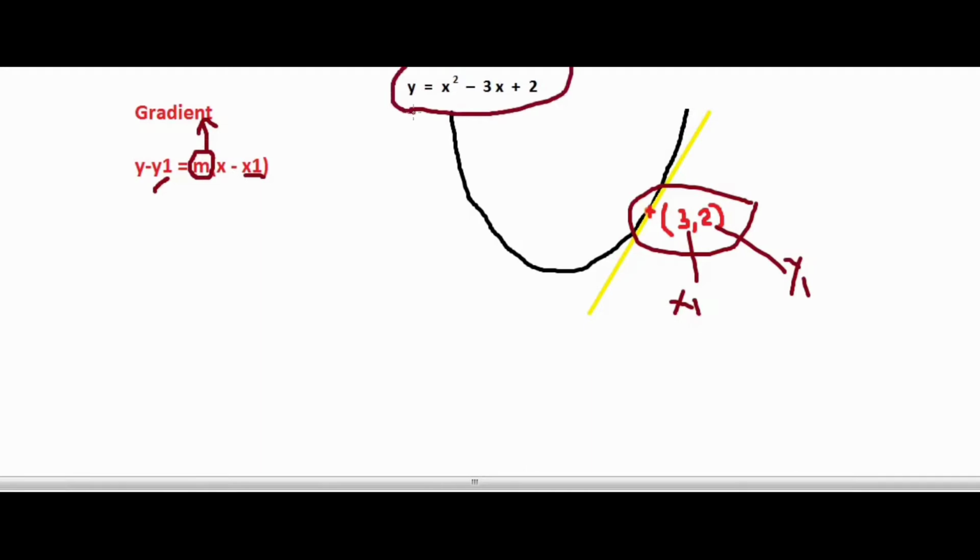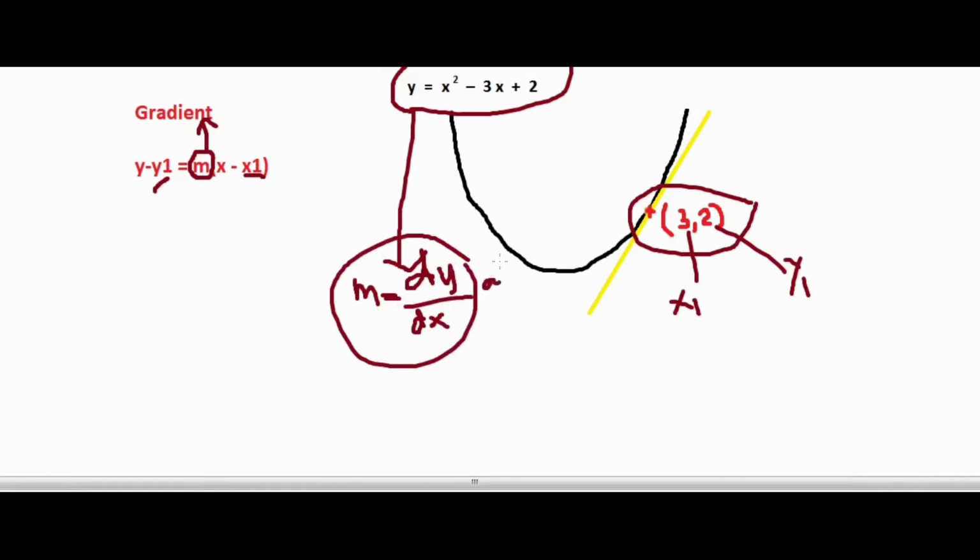We learned already how to find the gradient with the help of the equation of the curve. We know that the gradient is the same as the derivative of the curve. That means m is equal to dy by dx at a certain point of x.